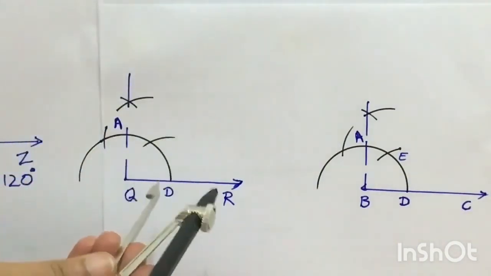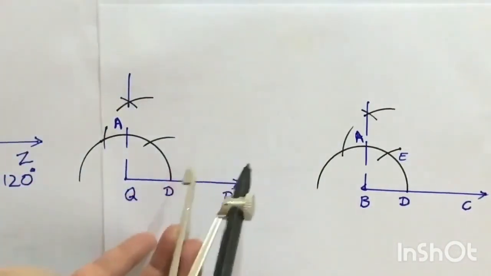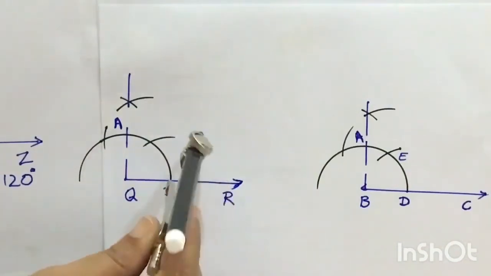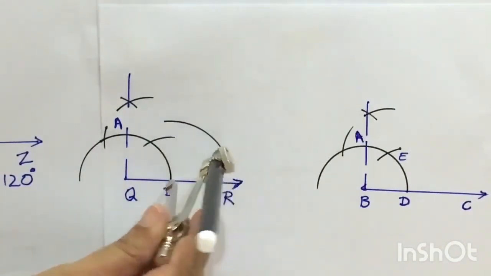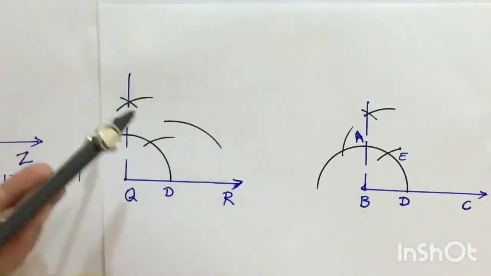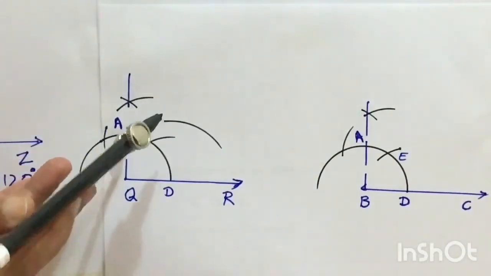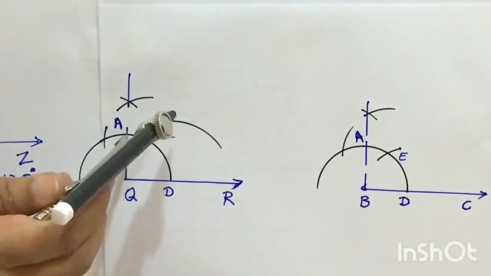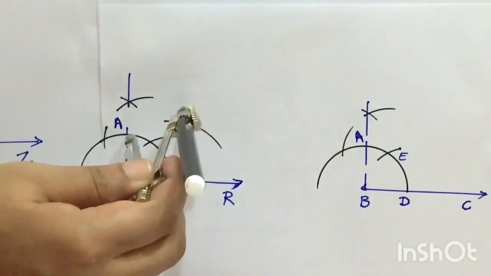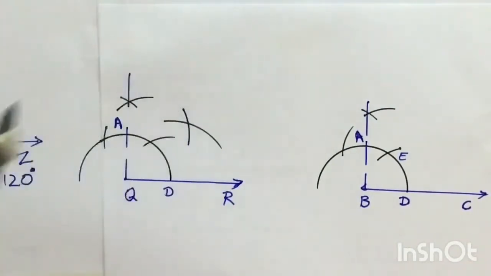Placing the needle on point D, mark an arc, and with point A, which is on the semicircle, mark another arc which cuts the previous one at point P.